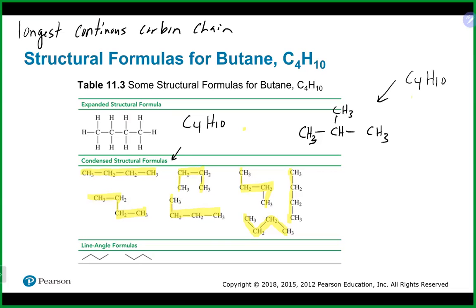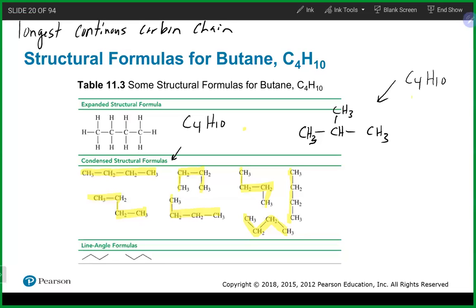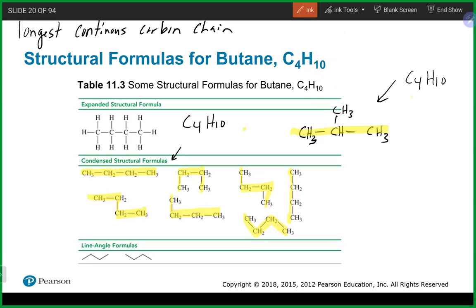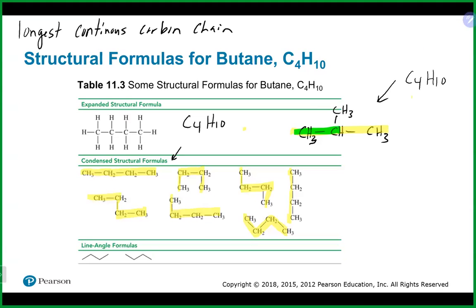So the idea here is we're looking for the longest carbon chain that's continuous. What is the longest continuous carbon chain? It is actually only 3 here, right? You could get 3 by just going straight across, 1, 2, 3, right? You could also get 3 by going straight across and making a U-turn up, as well. So they are both 3. No matter which way you go, you could only get 3.